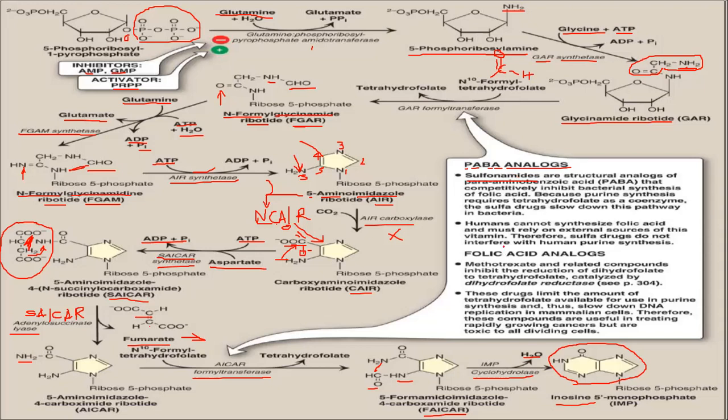Also, you can use folic acid analogs such as methotrexate. This drug is used in chemotherapy, but this will now affect the human cells, especially the rapidly dividing cells, such as the erythropoietic cells and the skin cells.